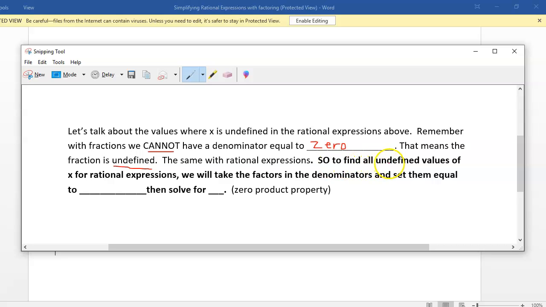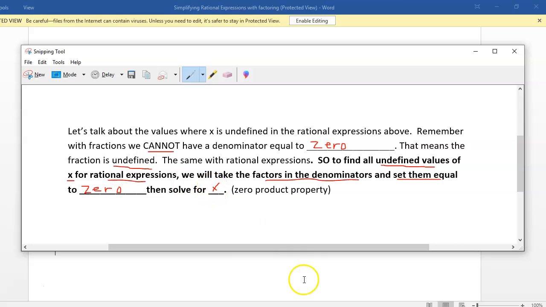So to find all undefined values of x for rational expressions, we will take the factors in the denominators and set them equal to 0. And we'll solve for x.